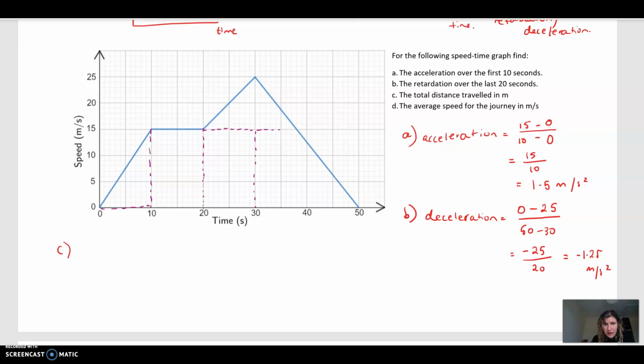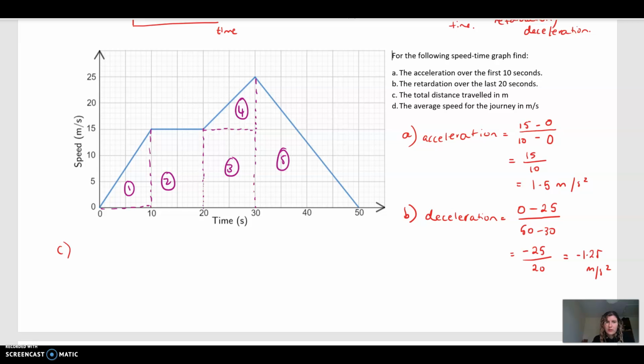Okay, then I've got another triangle on the top here, and then I've got this big triangle down the bottom here. So all together, I'm going to calculate the area of 1, 2, 3, 4, 5 shapes altogether.